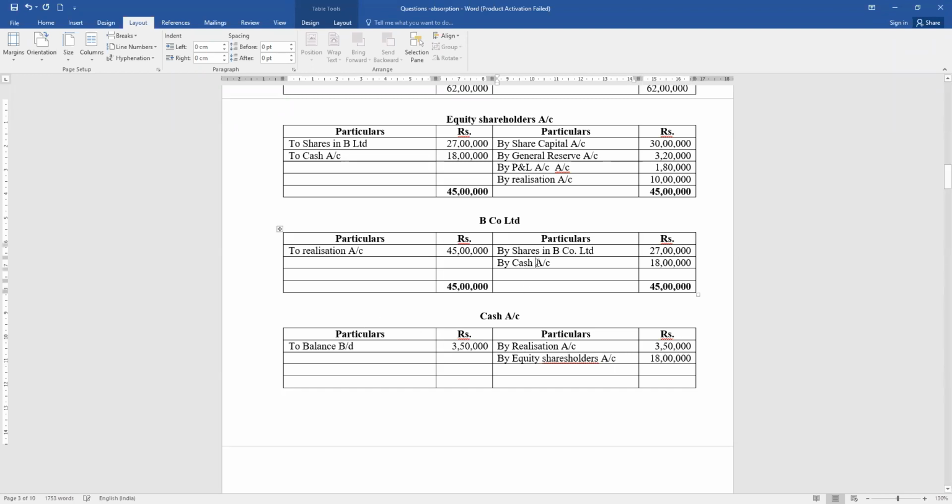And in this account, it is in the credit side, so you have to post in the debit side to the company limited, 18 lakhs. Okay, this also should tally. Yes, it tallies. So how much is the total? 21 lakhs 50,000. That's all.